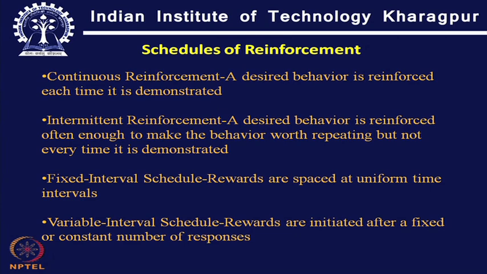Rewards are initiated after a fixed or a constant number of responses, and are not spaced at uniform time. So, can you guess what the difference is between continuous reinforcement, intermittent reinforcement, fixed interval schedule and variable interval schedule?